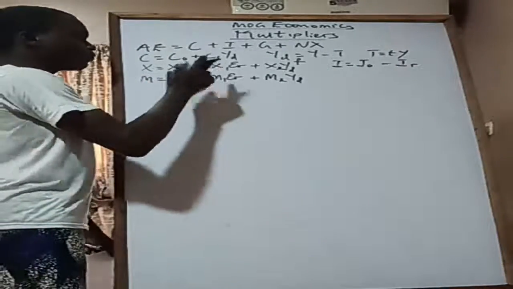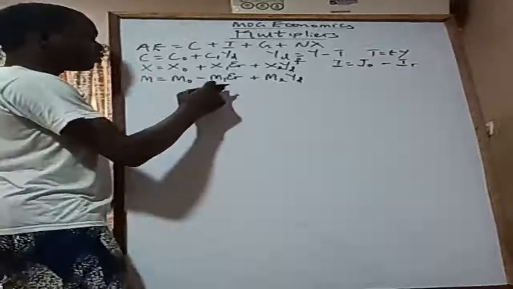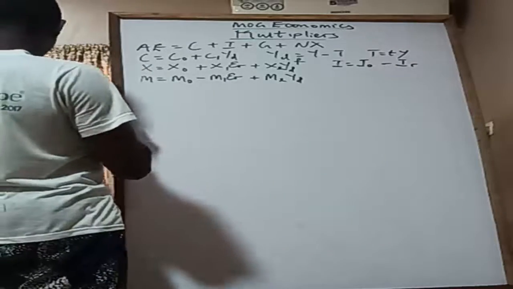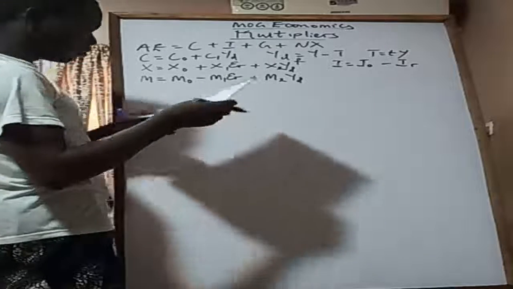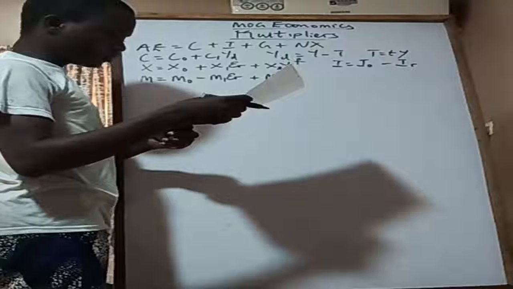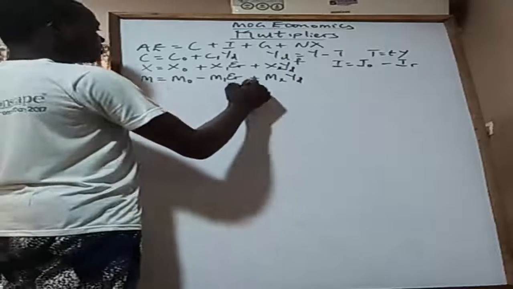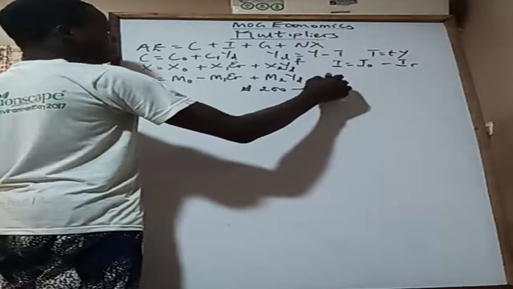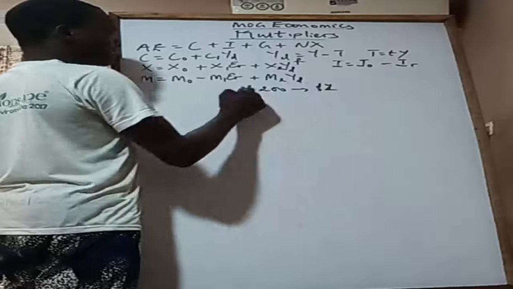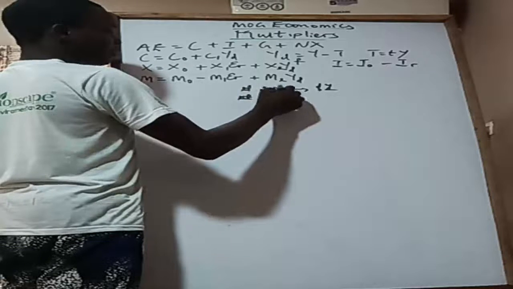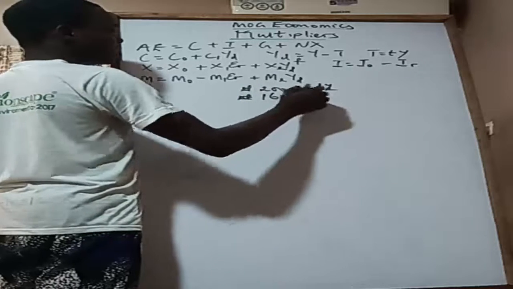Okay, so let's assume that initially the exchange rate was, I think I have an example here, so I don't use another example. Let's say initially the exchange rate was 200 naira to a dollar, and then it's now got to 1,000 naira to a dollar, about what we are experiencing now in Nigeria.